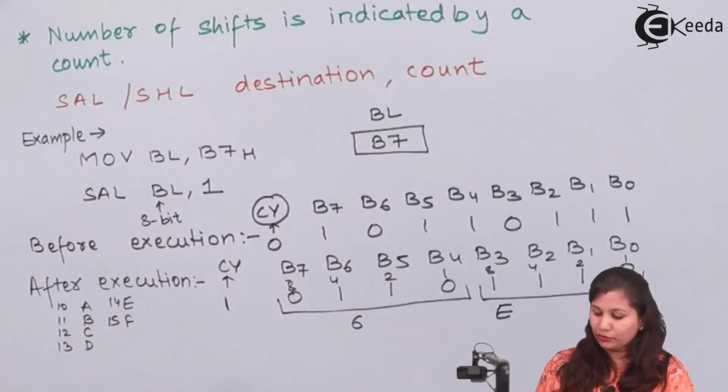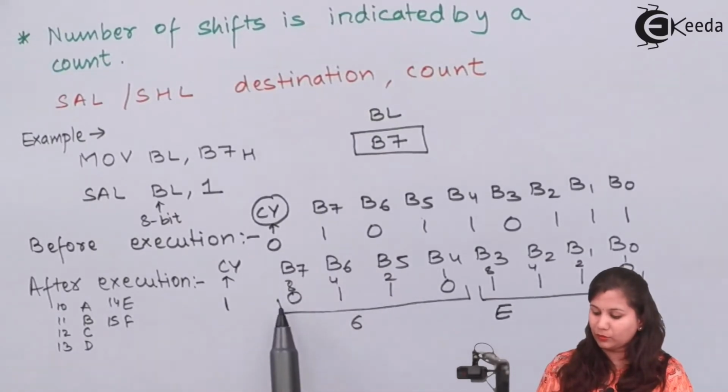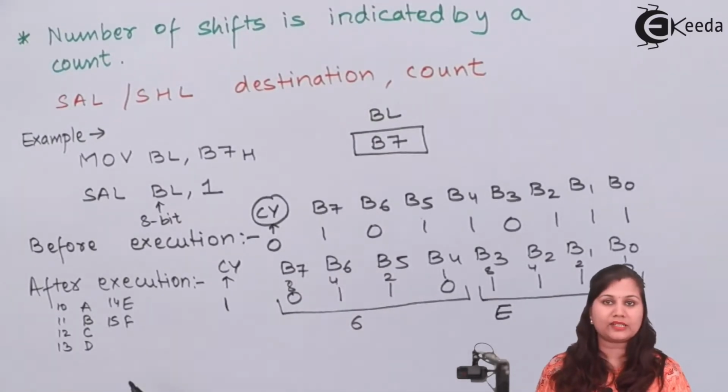Now if you see in this instruction the carry flag is changed, because before the execution carry flag was 0 and here MSB was 1. So now the carry flag is 1.